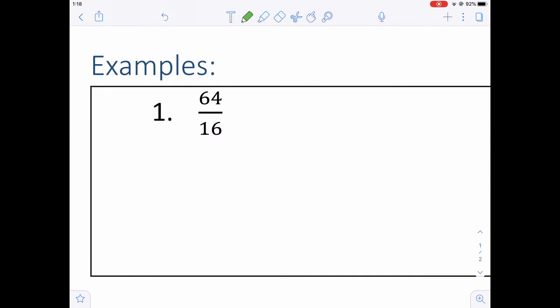If we just have numbers like 64 and 16, then what we're really doing when we simplify these is factoring 64 and 16. If we know our factors, or we can use our calculator, 64 is 8 times 8, and 16 is 8 times 2, then we can cancel out these 8s, and we're left with 8 and 2.